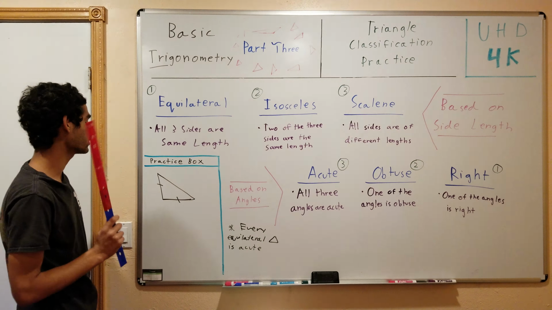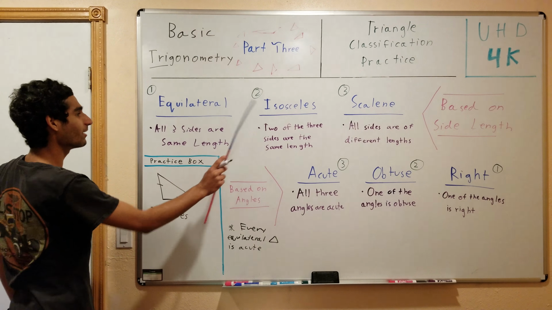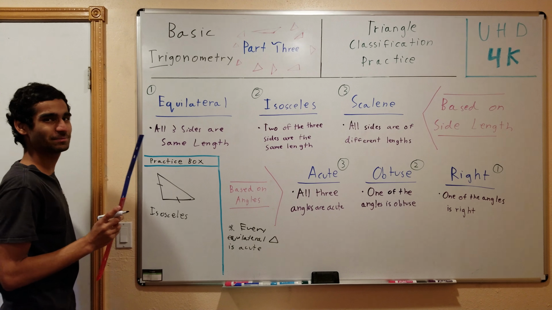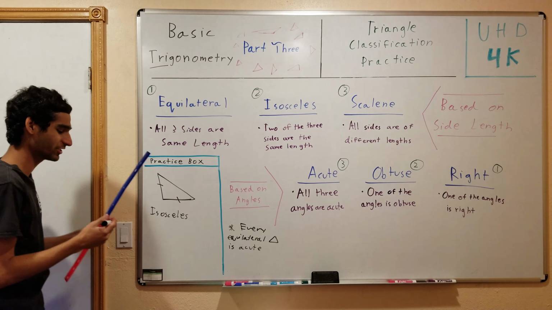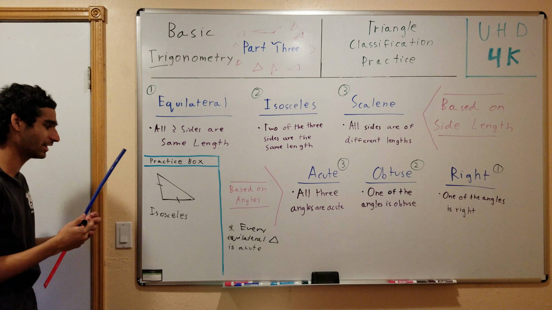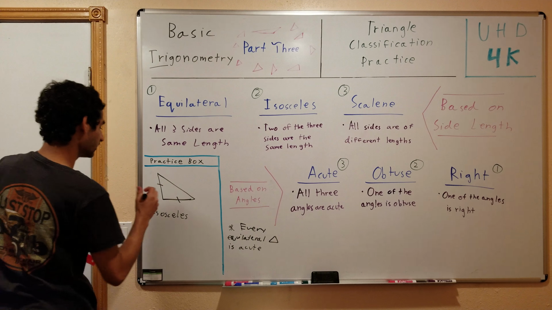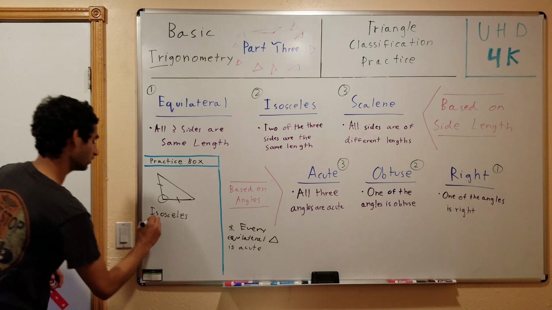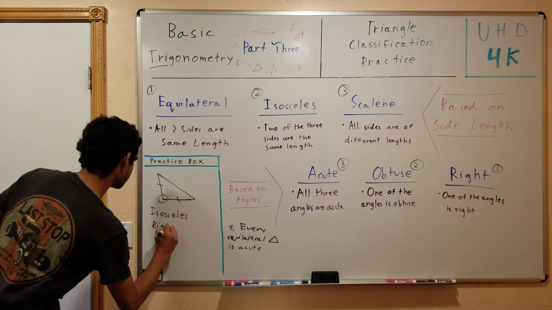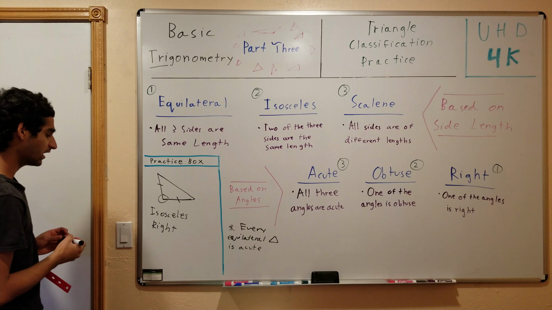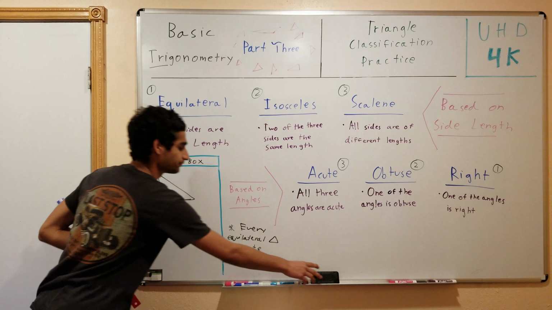Do note how isosceles is spelled. It's definitely a complicated spelling, and I think I misspelled it in the last video, but just make sure you don't misspell isosceles on a test. Now let's go to angles. Is this a right triangle? This angle over here is a right angle, and so this is a right isosceles triangle.